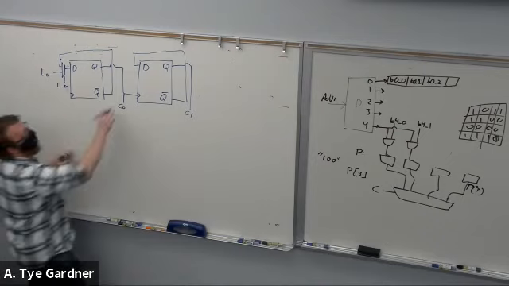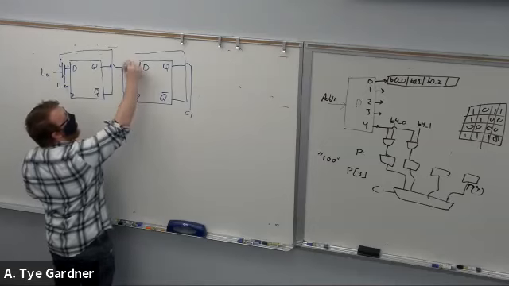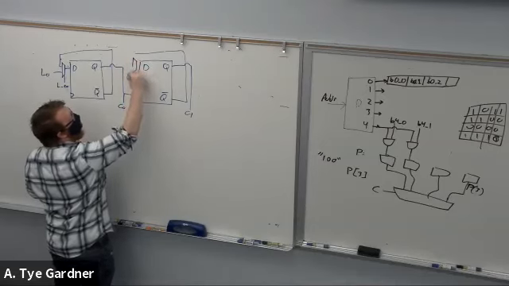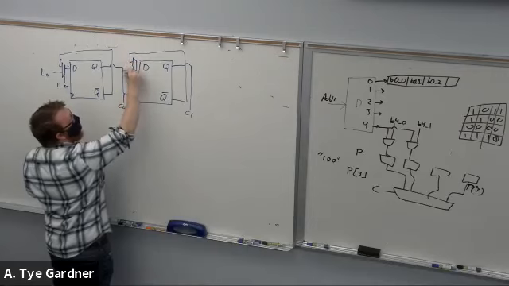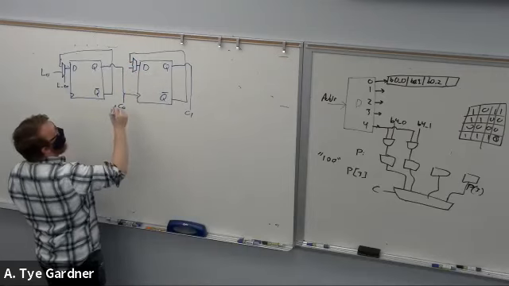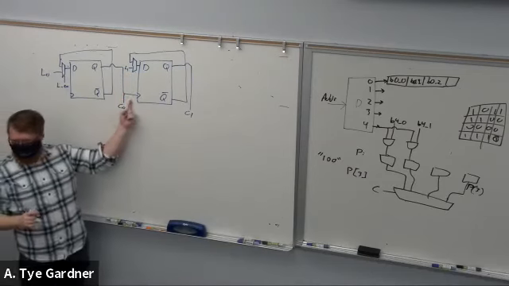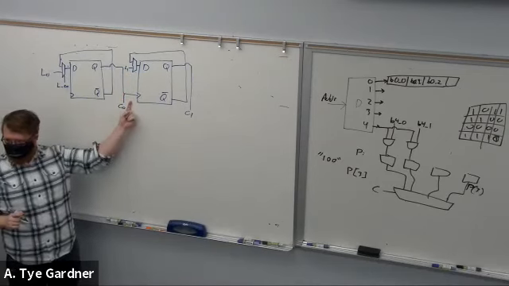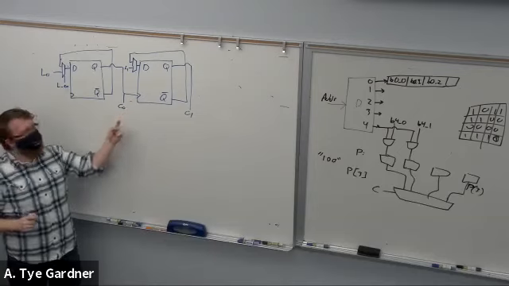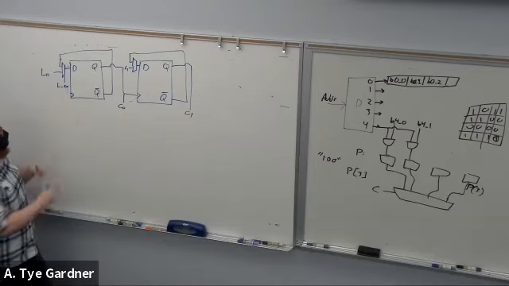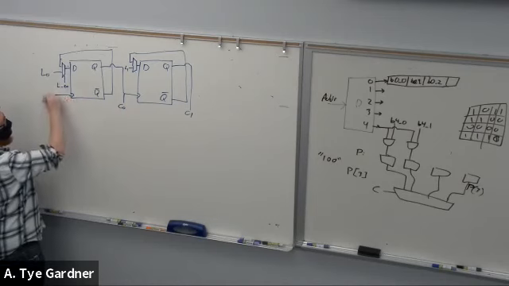Well, let's double check and make sure it works, right? So the possible issue here, this one we have to think about. We would like this to be L1, but it's an asynchronous value, so it's not necessarily going to react to this clock, right?